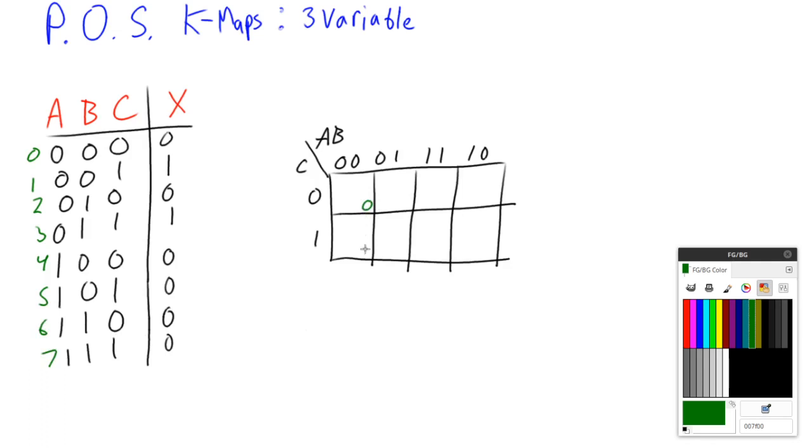It's still 0, 1, 2, 3, 4, 5, 6, and 7. And now that we've done that, it's pretty easy to just go from the truth table to the cell. So we know we've got 0, 1, 0, 1, and all the rest are zeros.